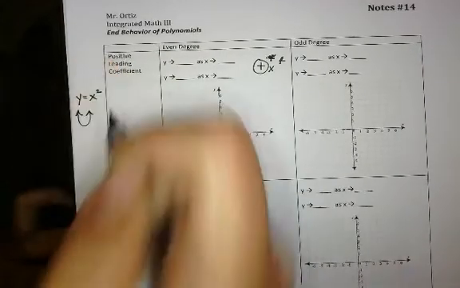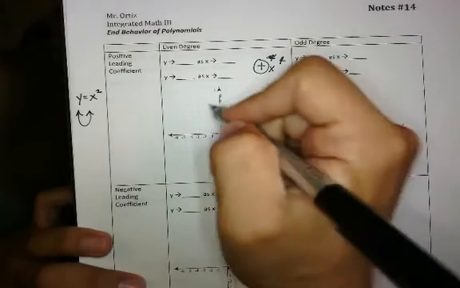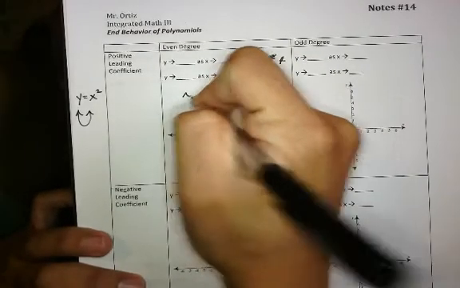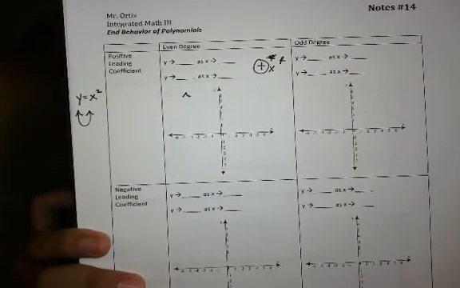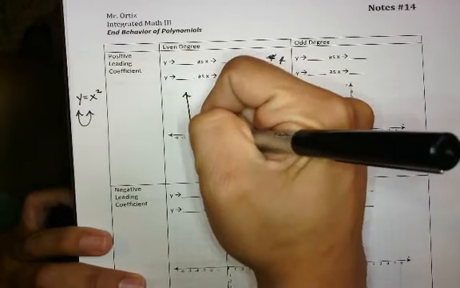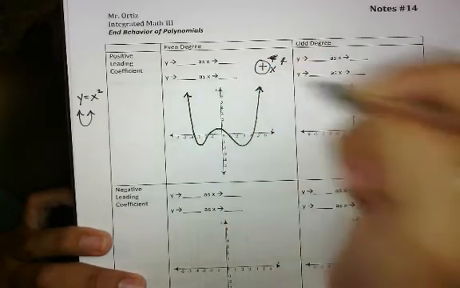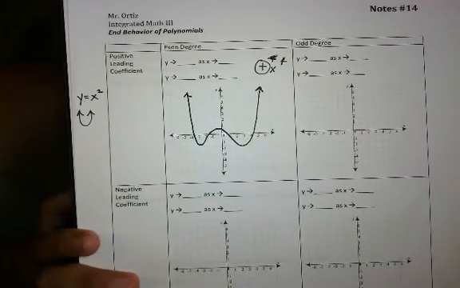It looks like a parabola facing up. So that's pretty much the same idea as y equals x to the fourth power. It does create a parabola. So we're going to see that our graph is going to start facing up, and it's going to go through the x-axis 4 times.